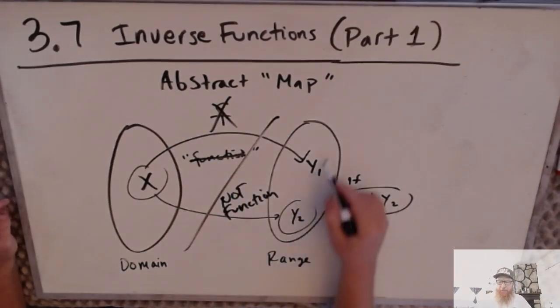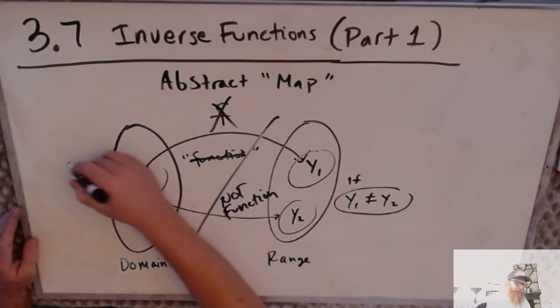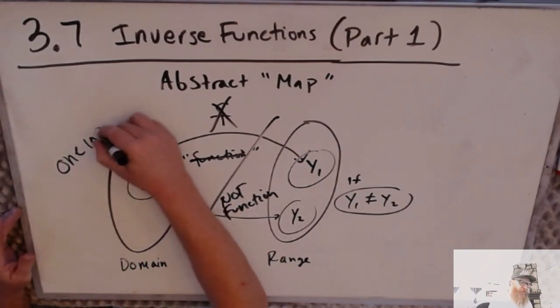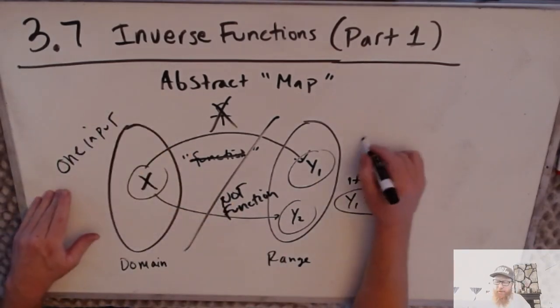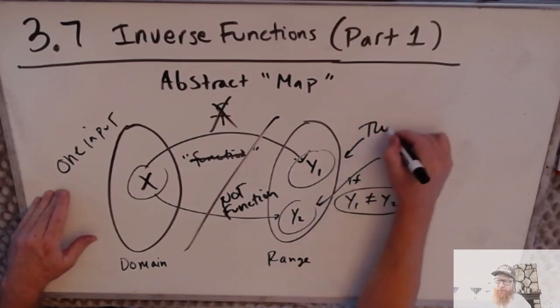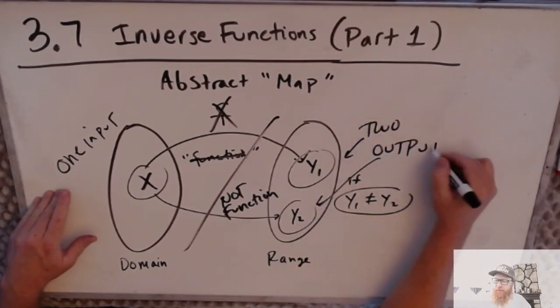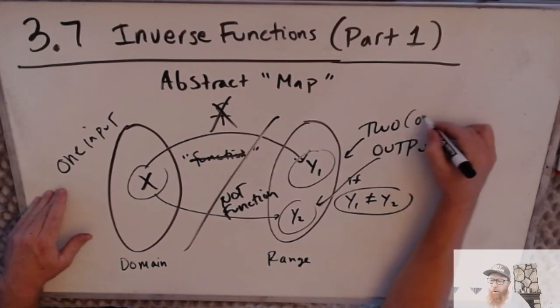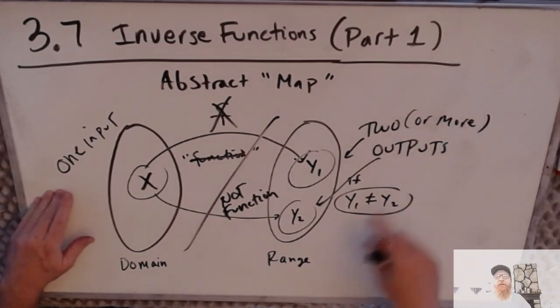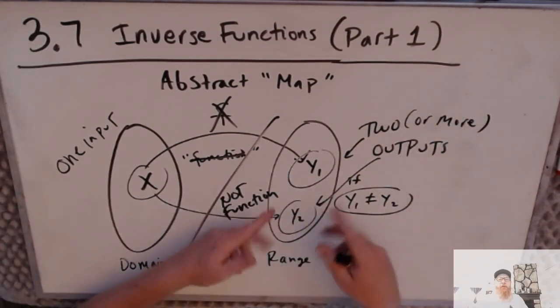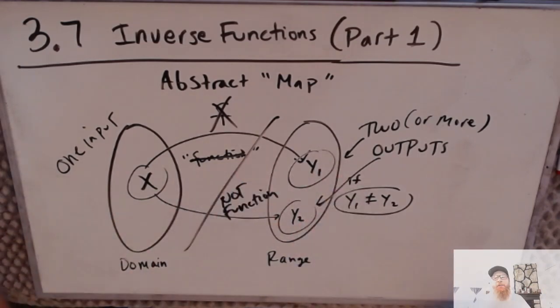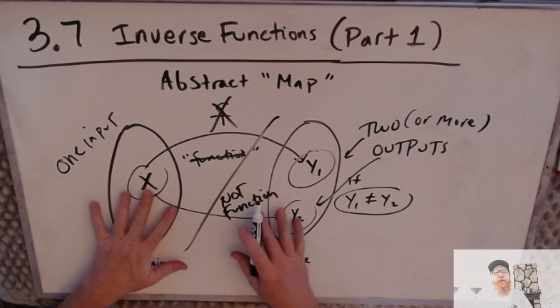So if one input corresponds to two outputs or more, anything more than one, so 2, 3, 4, I use 2 as a simple example, then this would not be a function.